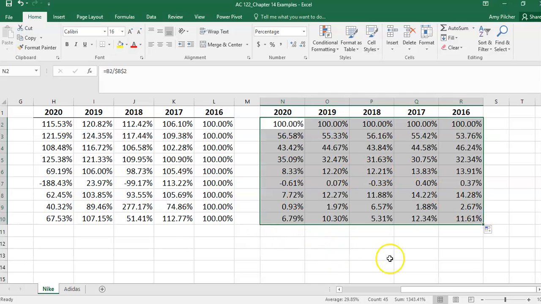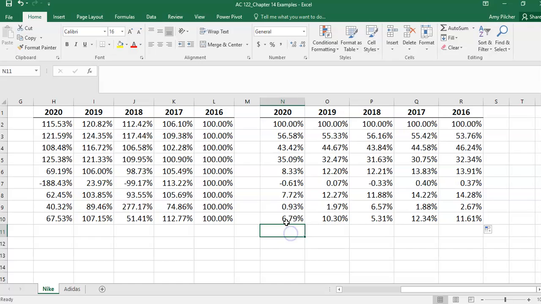And now we have a common size income statement for 5 years where we see everything as a percentage of sales revenues, and our sales revenues line in all years is 100%. So we can see that we have a trend here where in 2020 for every dollar in sales, we generated 6 cents in net income.